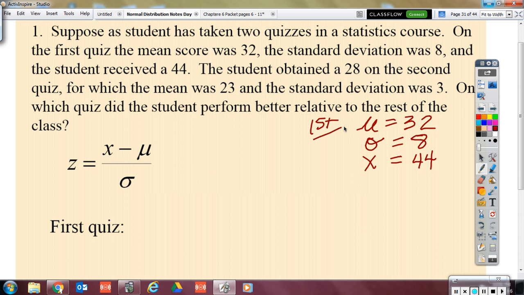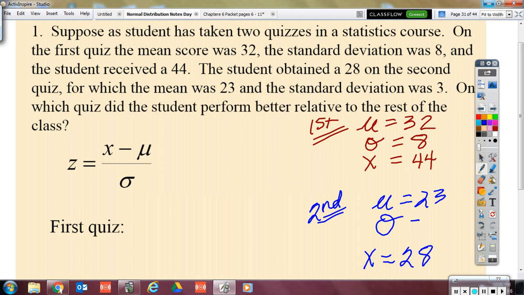Okay, so that's what was received on the first quiz. On the second quiz, the student got a 28. What letter is that? That's your X. Good. And for that quiz the mean was 23 and the standard deviation was 3.